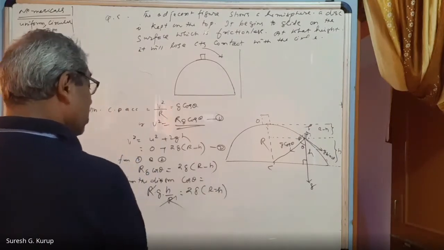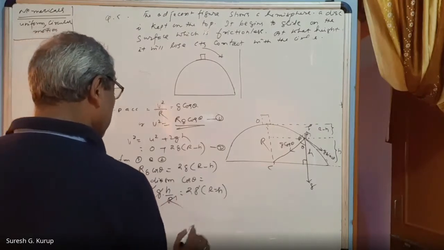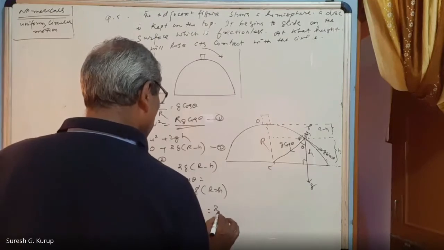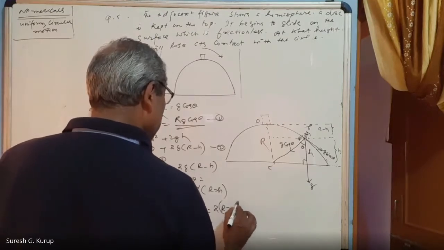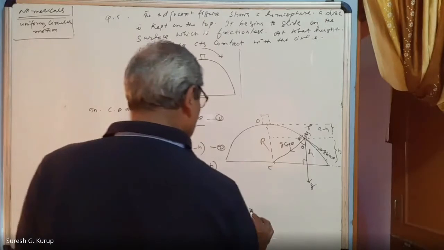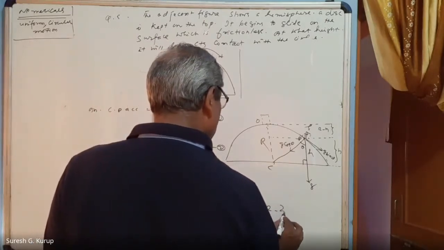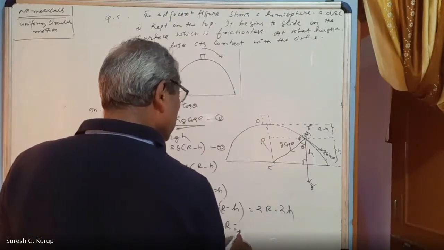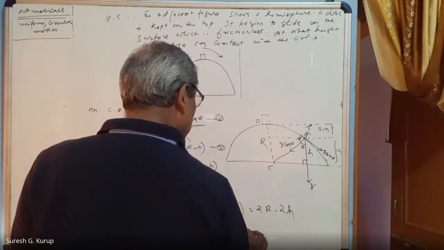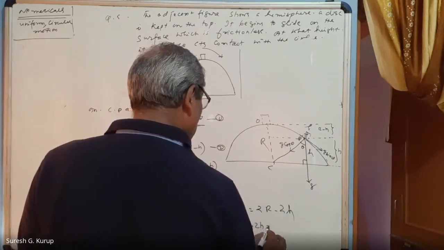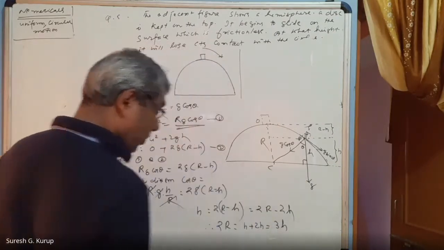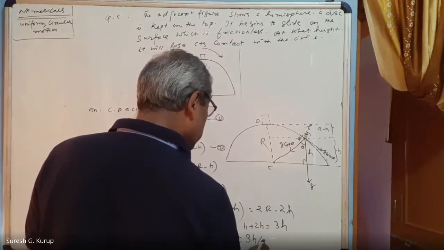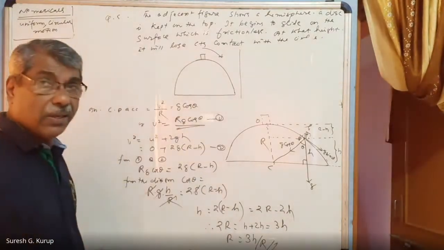This r and r cancel, this g and g cancel. Therefore, h is equal to 2 into r minus h, that is equal to 2r minus 2h. Therefore, 2r is equal to h plus 2h, that is equal to 3h.